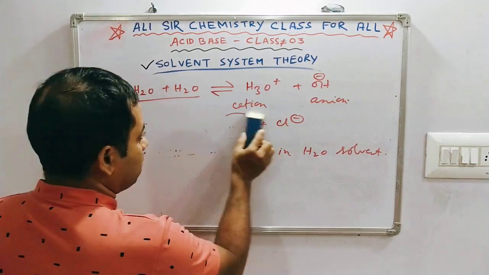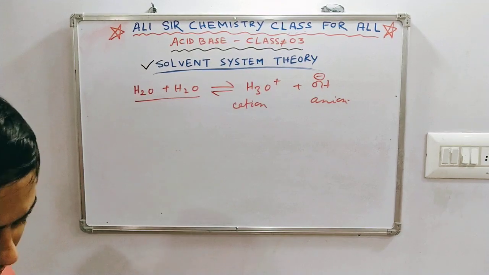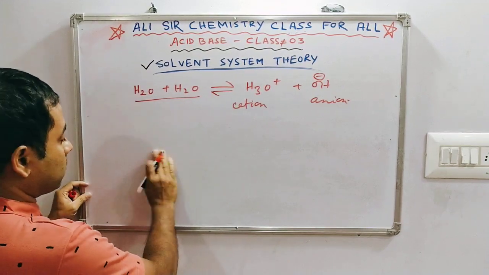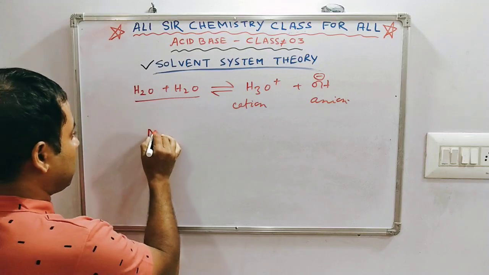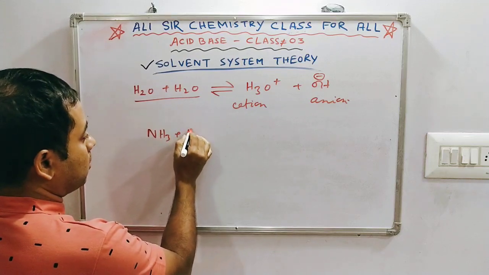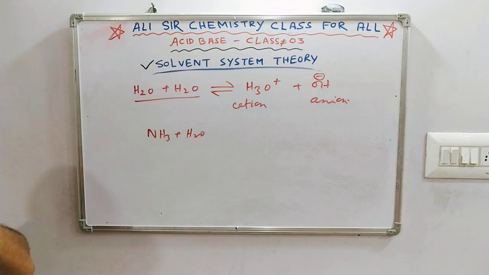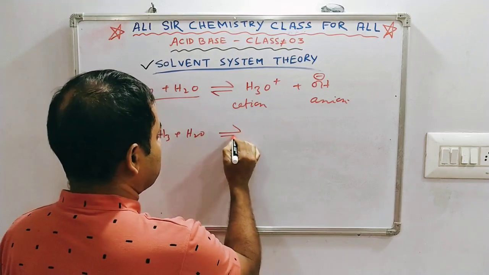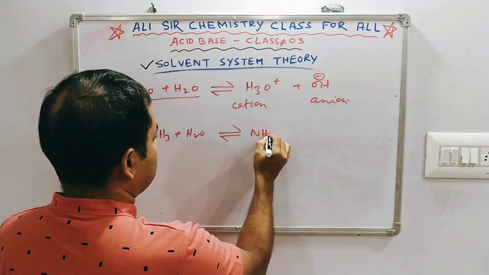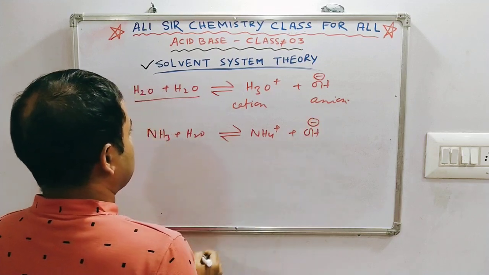Now if you take ammonia, an aqueous solution of ammonia, means NH3 plus water. What will form? All of you know, NH3 is very soluble in water, it will form ammonium hydroxide. So it will form NH4 plus and OH minus.